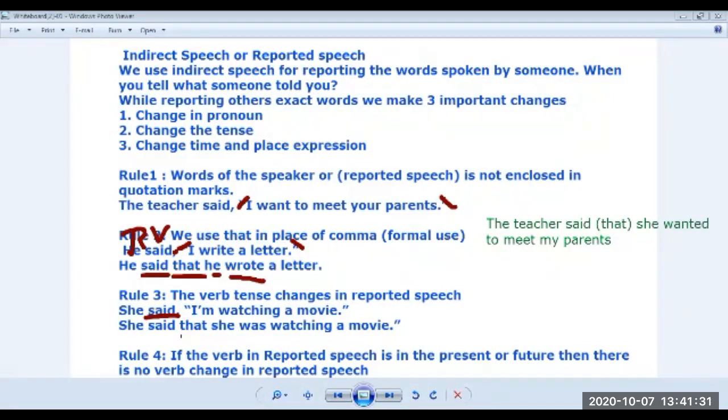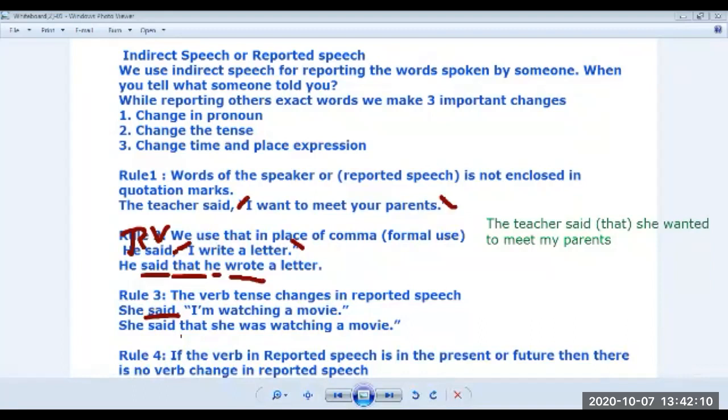This is a contraction. You have already studied contractions. In place of I'm, what will you use? I am, the full form. So in place of I am, you will change it to she was. Am will change to was. I changes to she, the pronoun changes, and am changes to was.